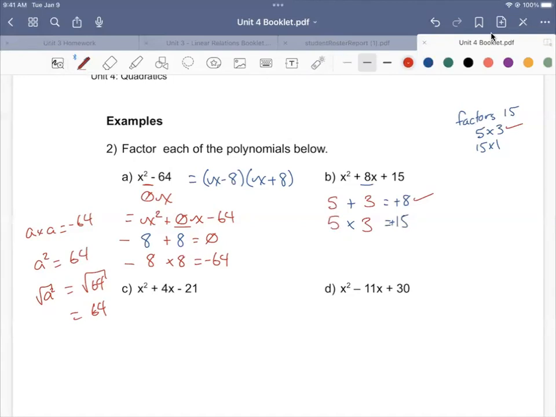Both of these have to be positive to give me a +8 and a +15. So that means my factored form is (x + 5)(x + 3).